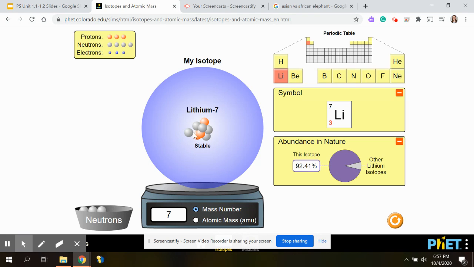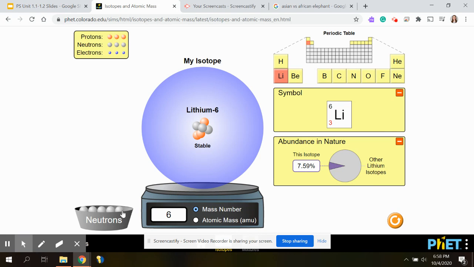So what if I even that out this way? Okay, this one's still stable, but even though there are 3 protons and 3 neutrons now, it still only makes up 7.5% of all of the lithium atoms in the universe. It's a pretty small amount.